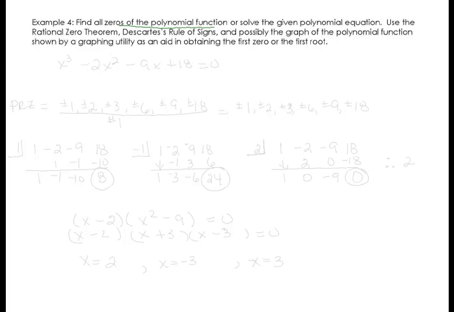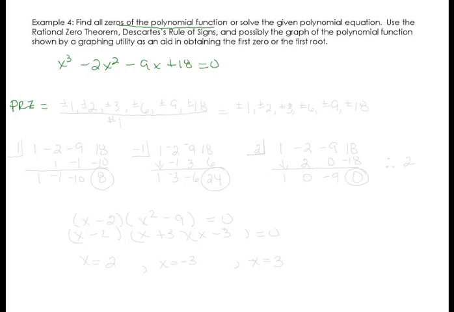We have here x cubed minus 2x squared minus 9x plus 18 is equal to 0. Let's look for all the possible rational zeros.